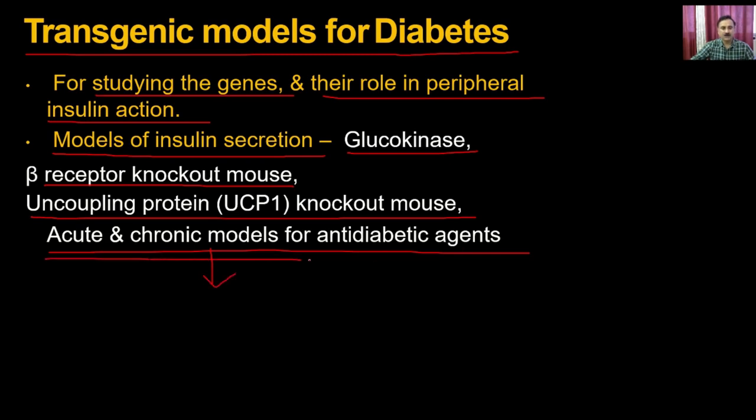If you have these kinds of knockout mice, they are going to develop diabetes at a particular stage of their life cycle, and then you will be able to screen the anti-diabetic agents.